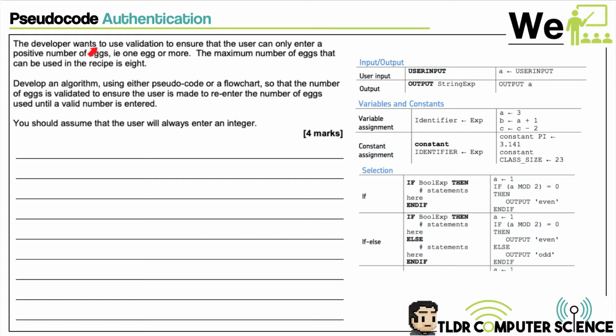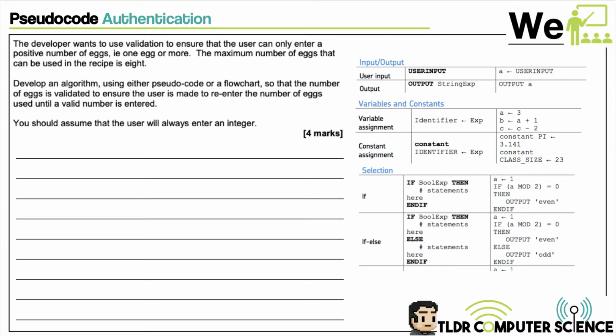The developer wants to use validation, so that's checking whether something's accurate. It might ask you to put your age in, and is it between a minimum age and a maximum age? So it's trying to eliminate mistakes, to ensure that the user can only enter a positive number of eggs. So in this case, the number has to be above 0, i.e.